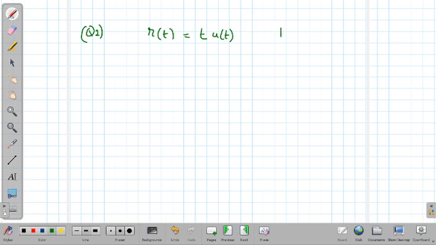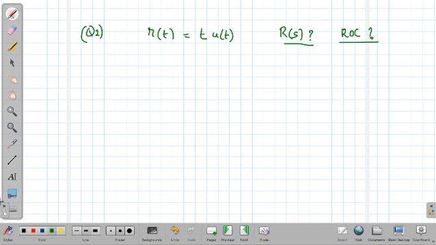What is capital R of s, which is the Laplace transform of this signal, and what is the region of convergence of this Laplace transform? Okay, so these two things you need to find.